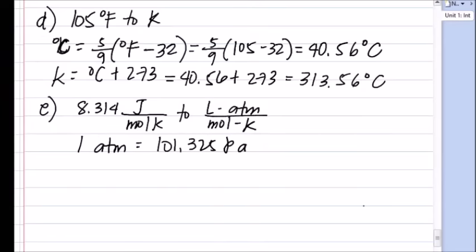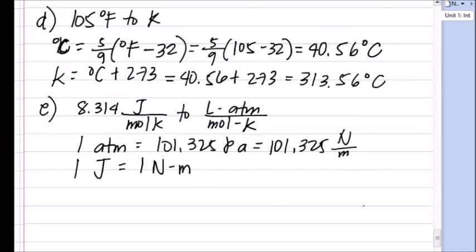But of course, sa ating solution, alam natin na ang joules is 1 Newton meter, diba? While yung Pascal is Newton per square meter. So, i-convert natin itong Newton meter in such a way na meron po siyang Pascal.